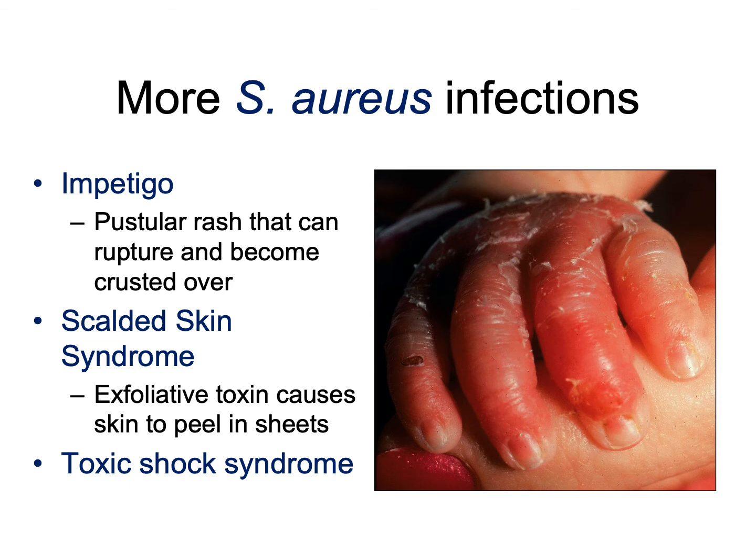Toxic shock syndrome is another infection caused by Staph aureus, and we're going to talk a little bit about it here, but we're going to talk about it much more when we get to the genital urinary infections. So toxic shock syndrome caused by Staph aureus is an infection that can spread throughout the body.